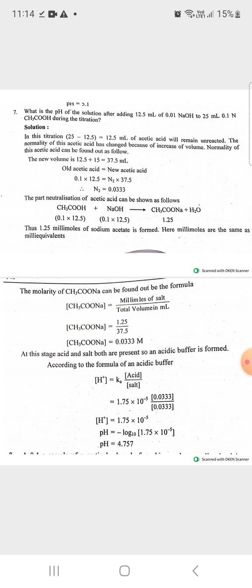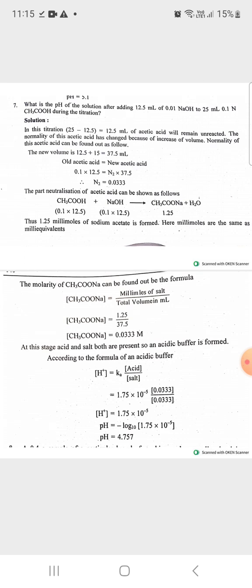The partial neutralization of acetic acid can be shown as follows. So here CH3COOH plus NaOH gives CH3COONa plus H2O. Thus 1.25 millimoles of sodium acetate is formed in this reaction. Here millimoles are the same as milliequivalents.